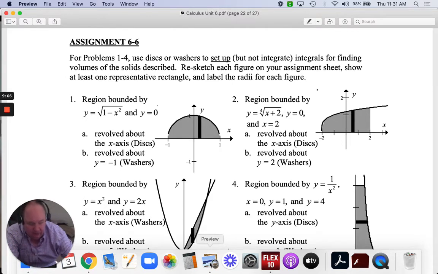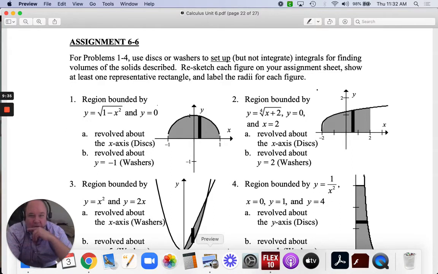So I'm going to redraw that graph here, redrawing it and shading it in.